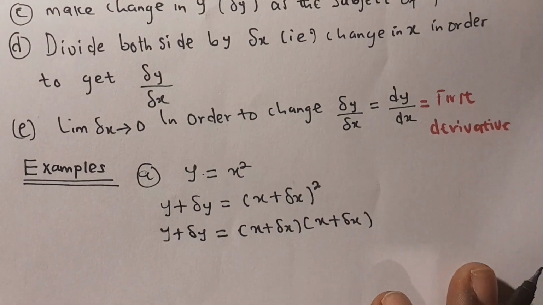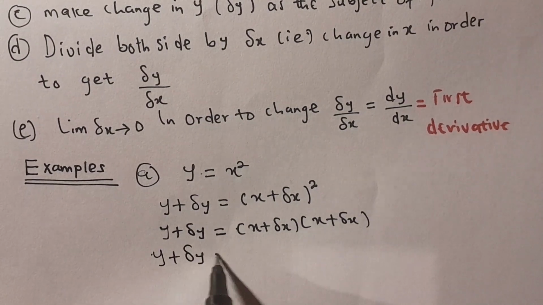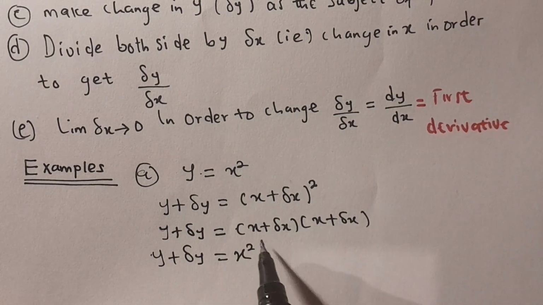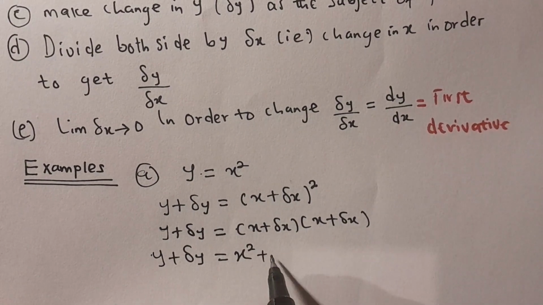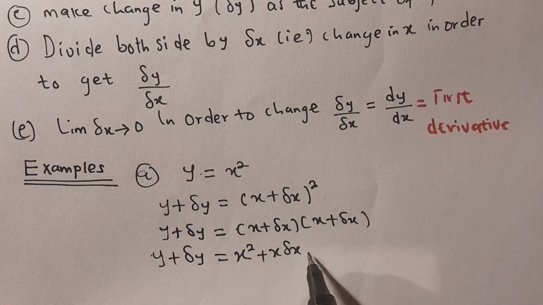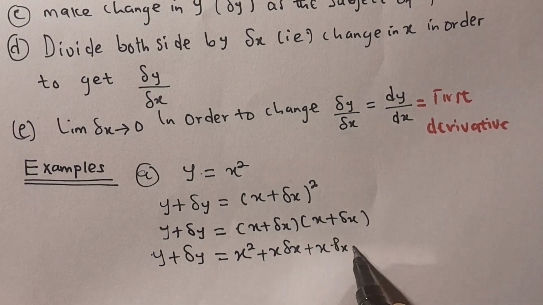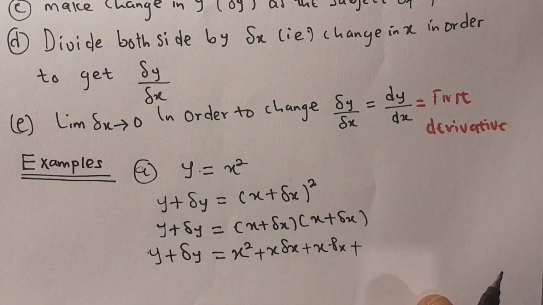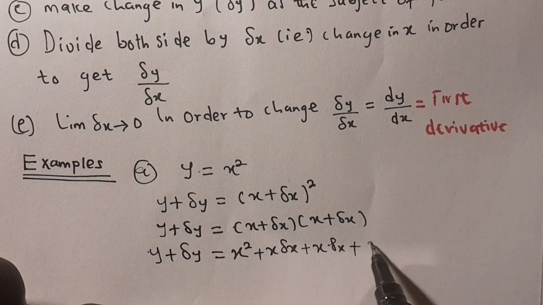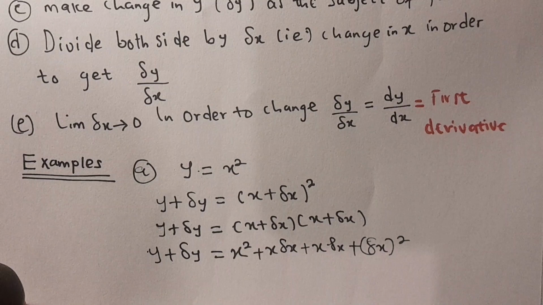With this, we have y plus change in y equals this multiplied by this, which gives x squared. This multiplied by this gives x change in x, and this multiplied by this gives x change in x, and this multiplied by this gives change in x all squared.